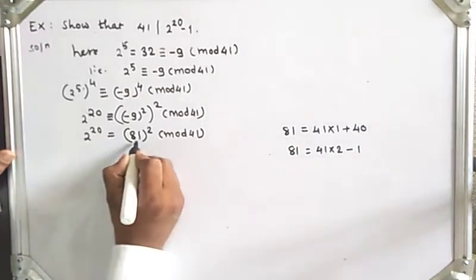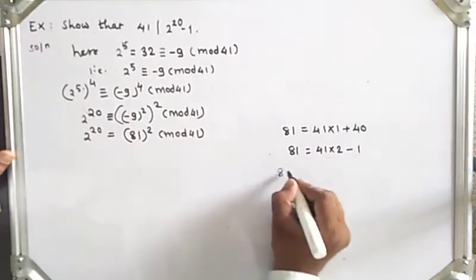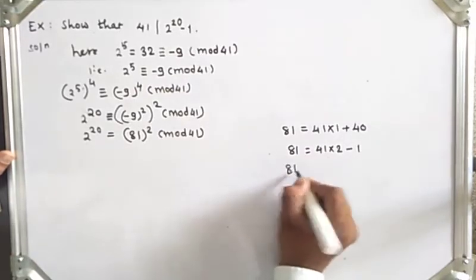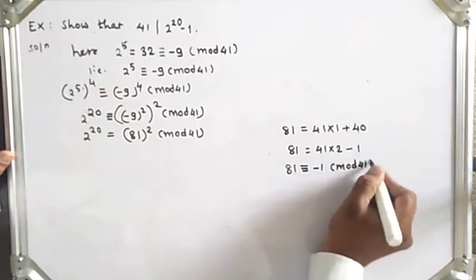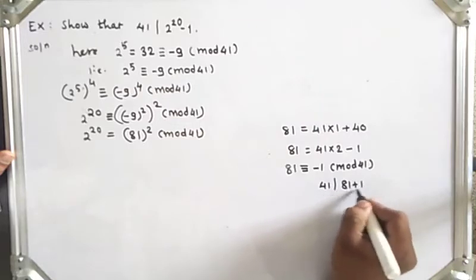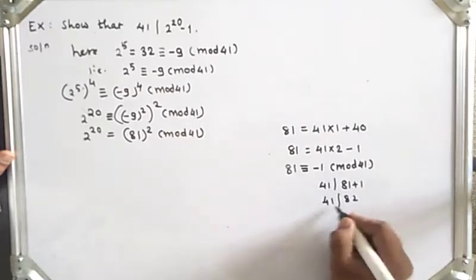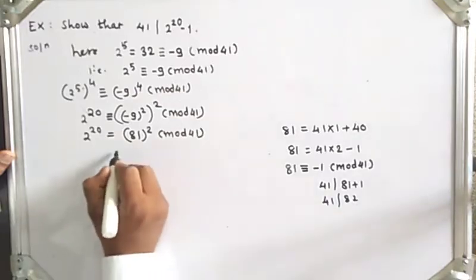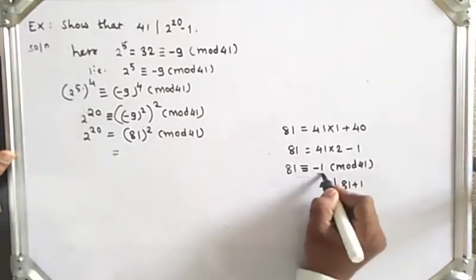So 81 is congruent to minus 1 modulo 41, right? Which means 41 divides 81 plus 1, the addition of these two numbers is 82, right? So 41 divides 82.